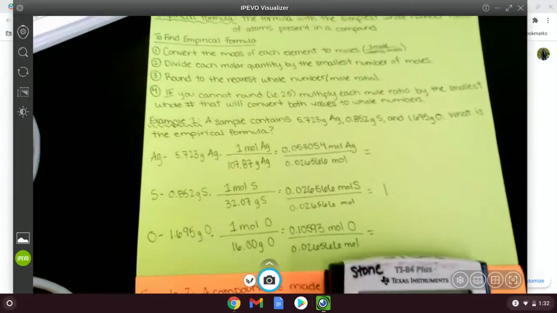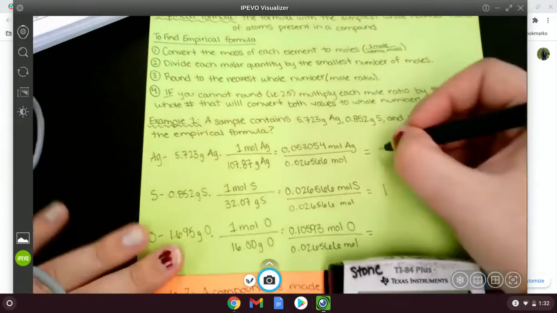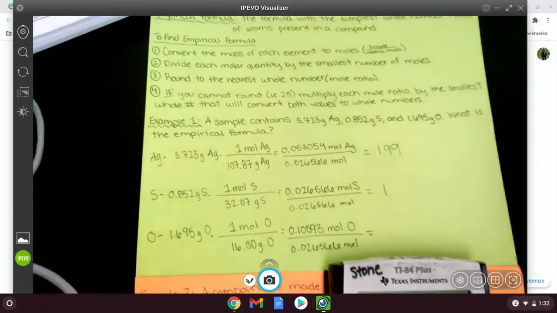And let's go ahead and calculate this again. So for silver, we're going to get 1.99.